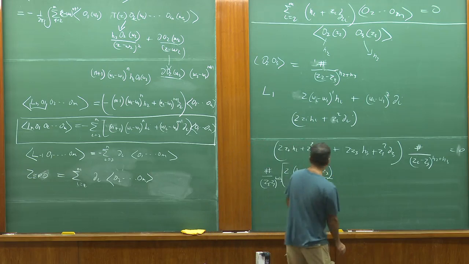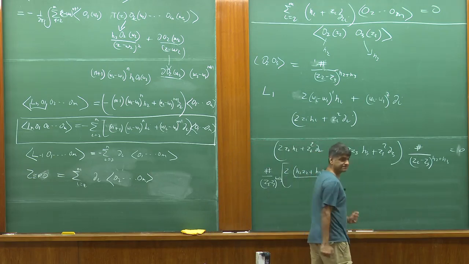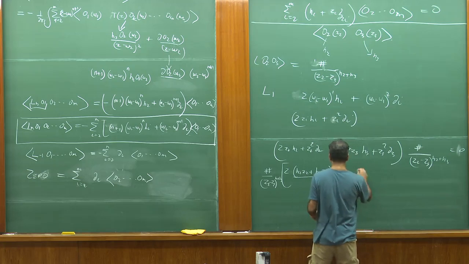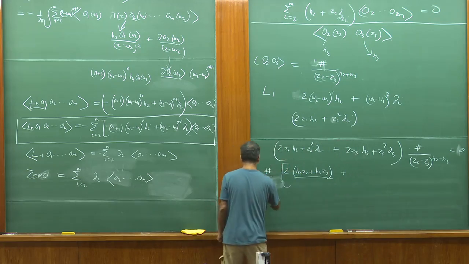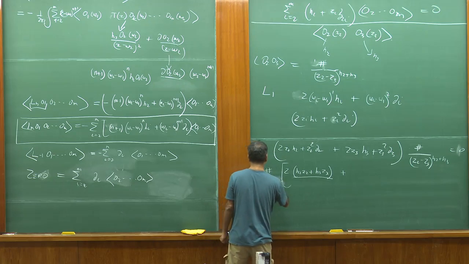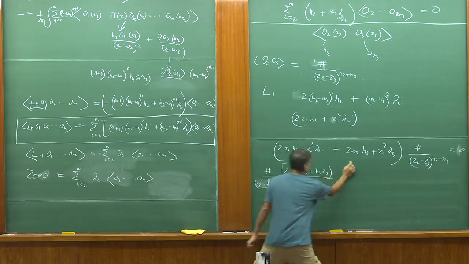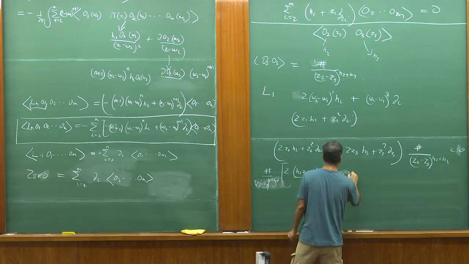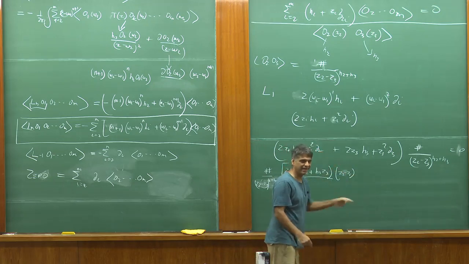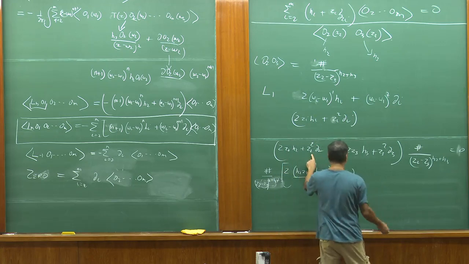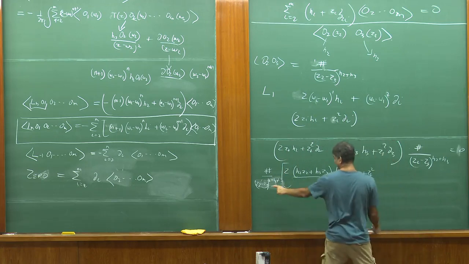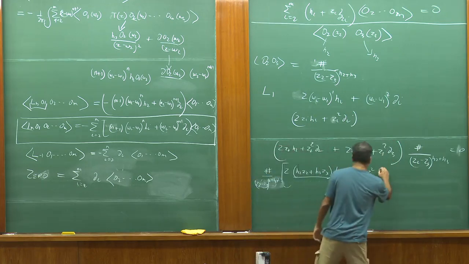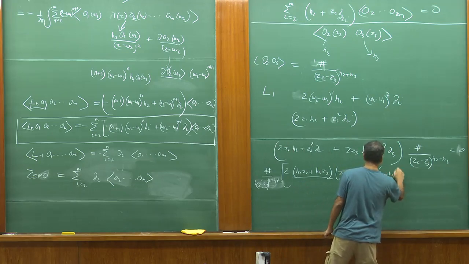Now what about this differential operator? This guy gives us plus, let's multiply, z2 minus z3 to the power h2 plus h3 plus 1. So this has an extra z2 minus z3, because when we differentiate we get an additional power there. Okay, let's do this guy. So this is plus z2 squared, and when we differentiate we get this fellow, but to the power h2 plus h3 and with a minus sign.